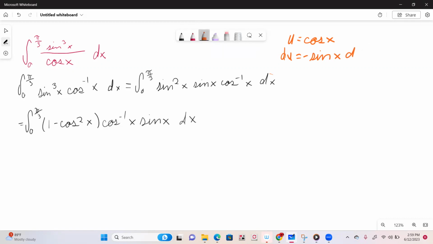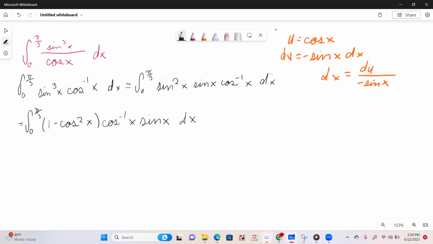And then to get this in terms of dx, replacing the dx that we already have, it is going to be equal to du divided by negative sine x.